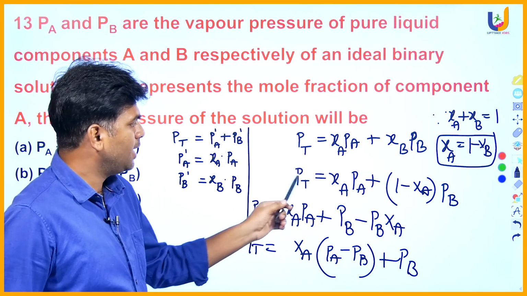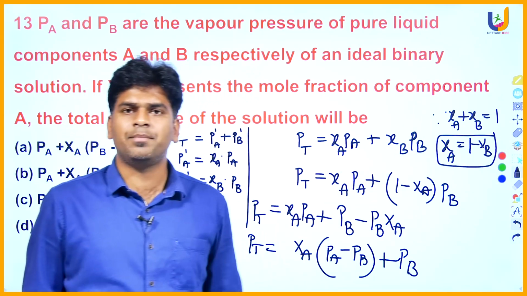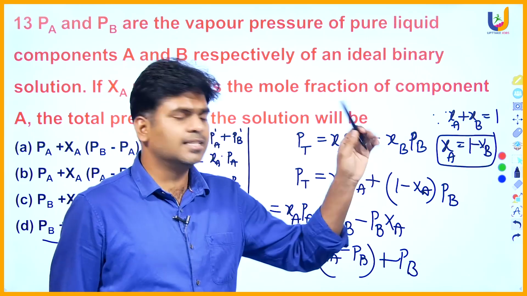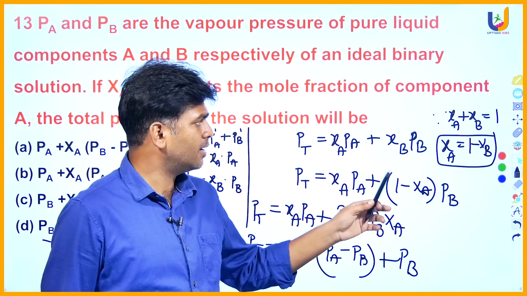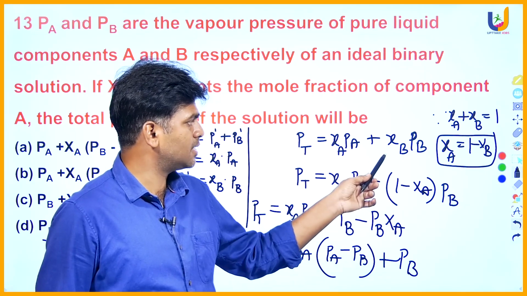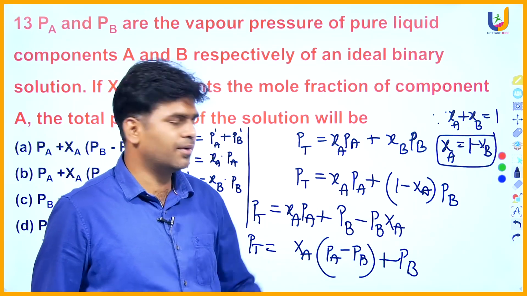The same equations we have substituted in the first equation. So PT is equal to Xi A PA plus Xi B PB. Can we write Xi A plus Xi B is equal to 1? Then Xi B is equal to 1 minus Xi A. Instead of Xi B, we substituted 1 minus Xi A, and remaining everything is the same.